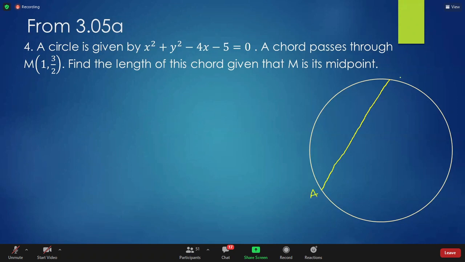Let's say the center is C. At the moment, we don't know the coordinates of the center, but we will get them. Point M is the midpoint of this chord, and we have the coordinates of M, and they are 1 and 3/2. And we have to find the length of the chord AB.